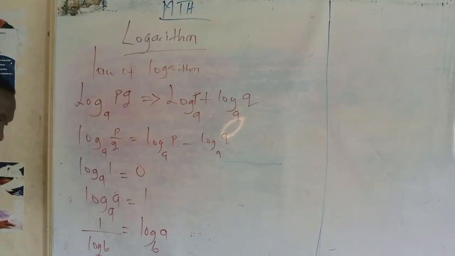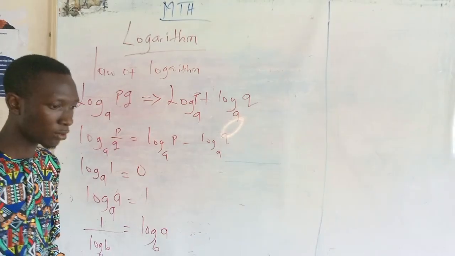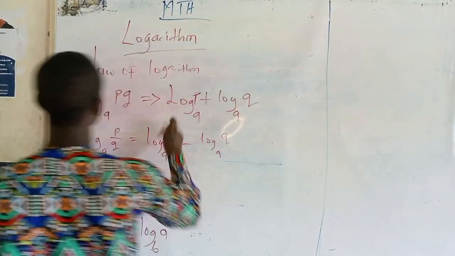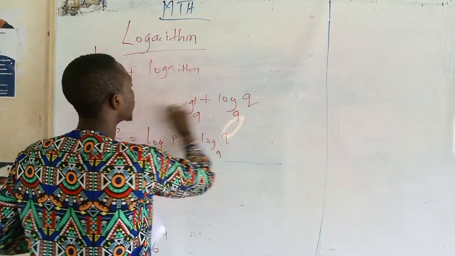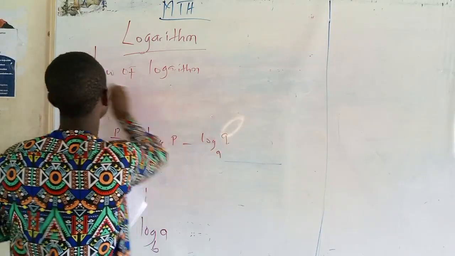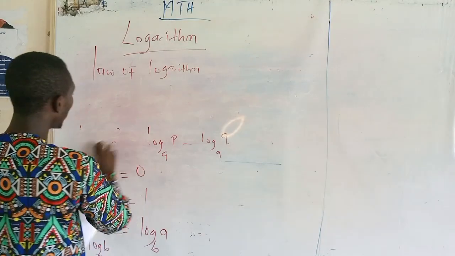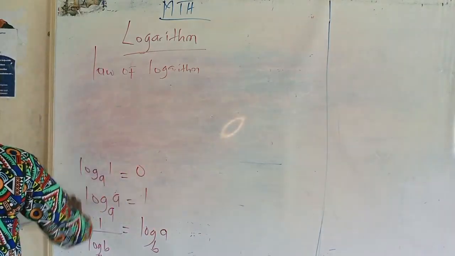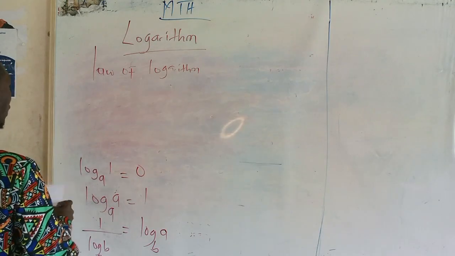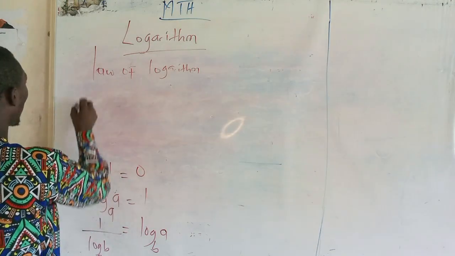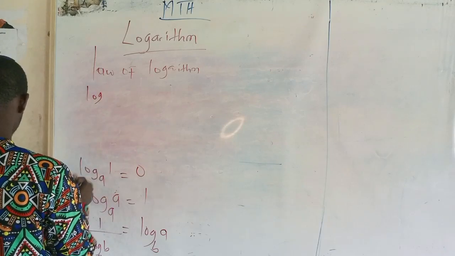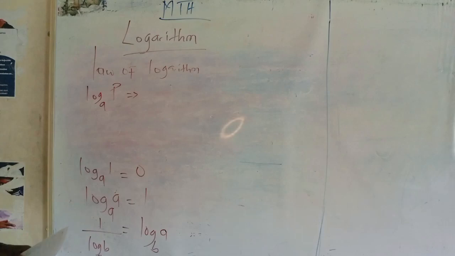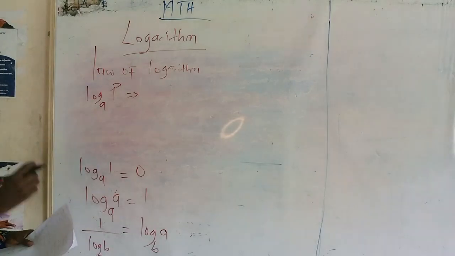Now, the last law of logarithm is if you have log P base A, we can also introduce the same base for the two.